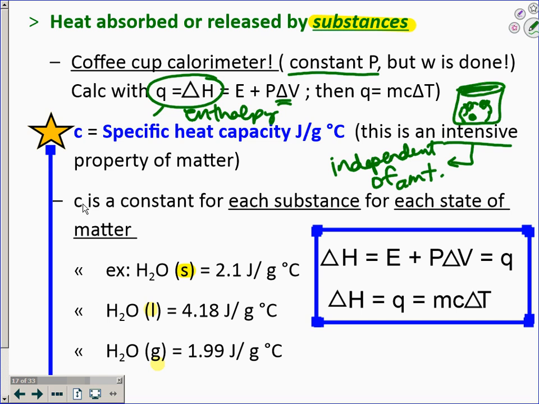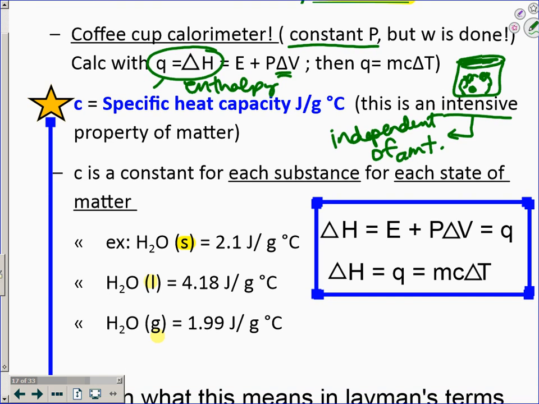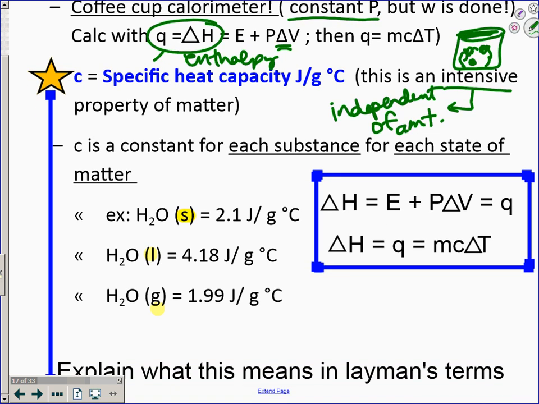So these are the states of water and their specific heat capacities. You don't have to memorize them. You just need to recognize when they're different, and we'll be using these in an example shortly. The one we generally are working with is liquid water, 4.18, but solid water, which is ice, is going to be a little lower, and then steam is even lower because steam is already moving at such a quick pace, or such a high amount of energy, that it can change temperature faster than liquid water does.